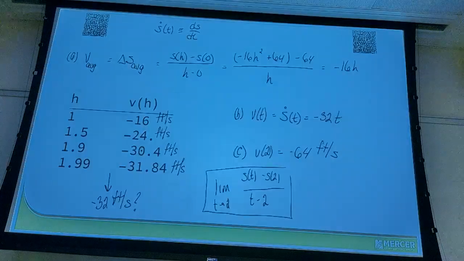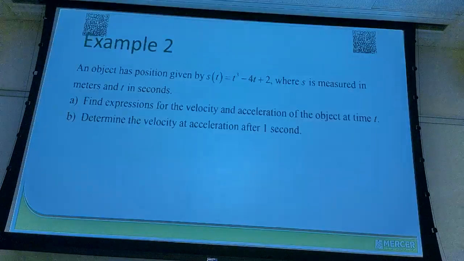Object has position given by t cubed minus 4t plus 2. S is in meters, t is in seconds. Find expressions for velocity and acceleration, and then determine velocity and acceleration after 1 second.